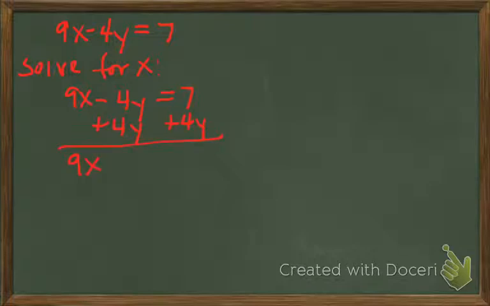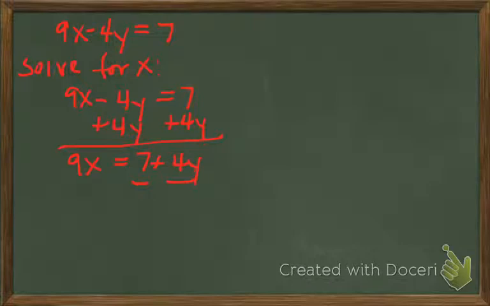That gives us 9x equals 7 plus 4y. We can't add this 7 and this 4y because they are not like terms. To be a like term, they need the same base and the same exponent. So these two terms are just going to stay right like that. I know it's tempting to want to add them up, but we can't do that.